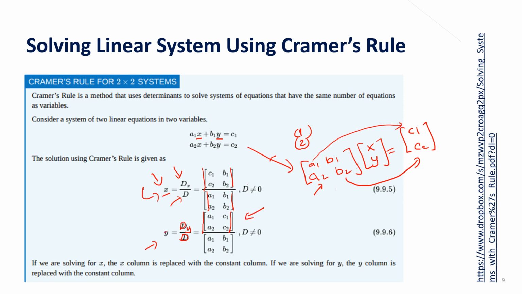So you have here the determinant of A1, C1, A2, C2 divided by D. D will be the same as the previous matrix that we used, A1, B1, A2, B2. Okay, pretty much straightforward. And then for a 3 by 3 matrix, it's the same way. Just replace the particular column for those variables with the right hand side of it. Okay.